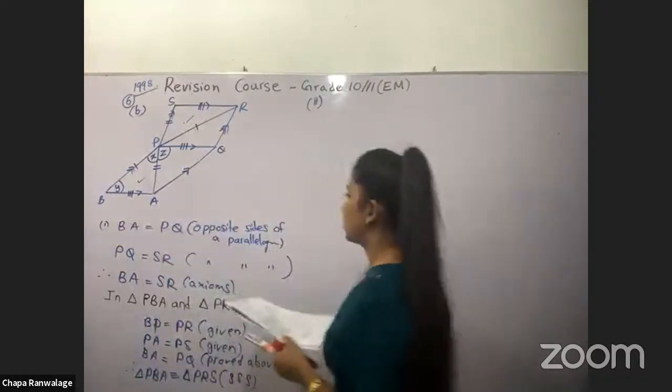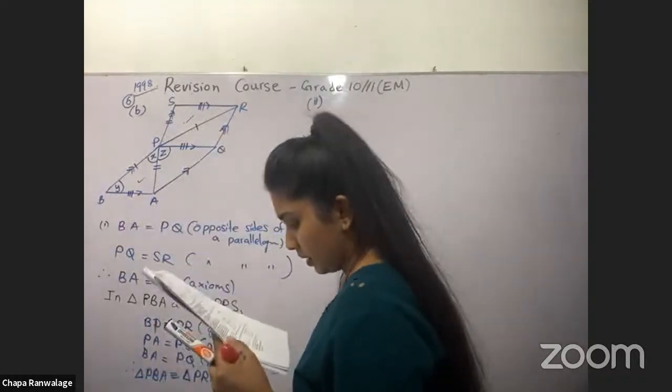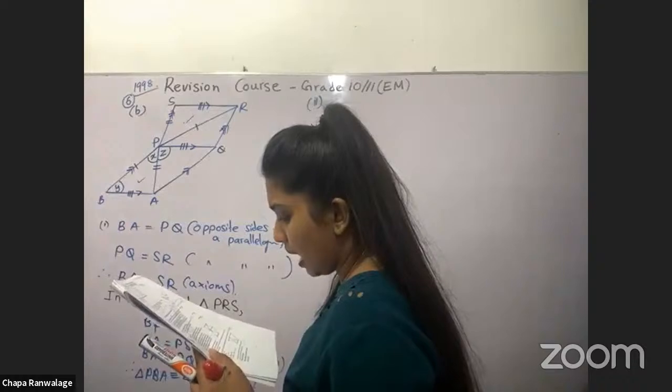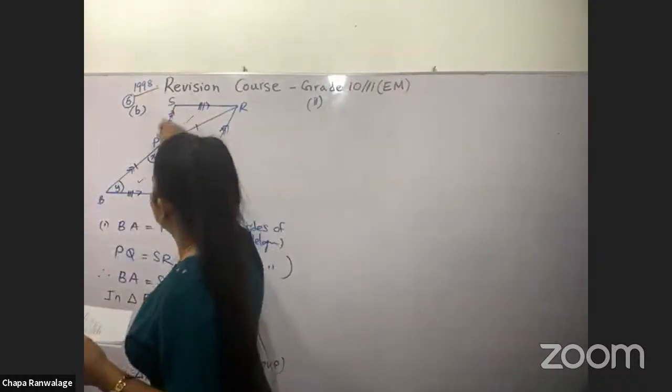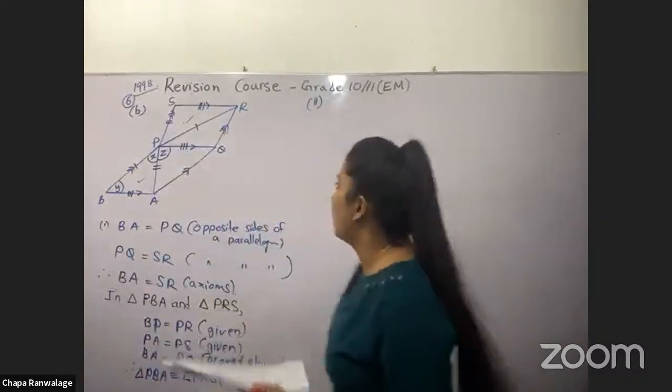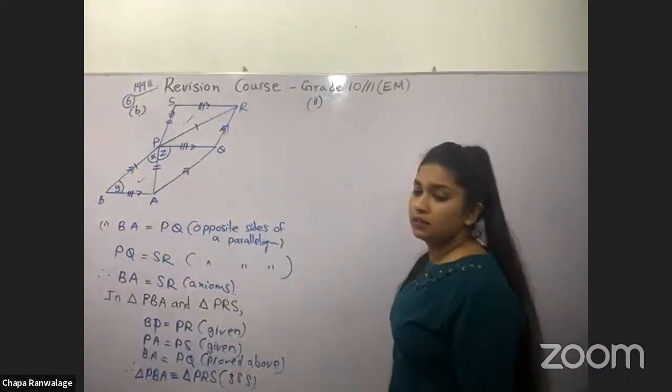Correct? Then the second one. You have to prove that RPB and SPA are straight lines.